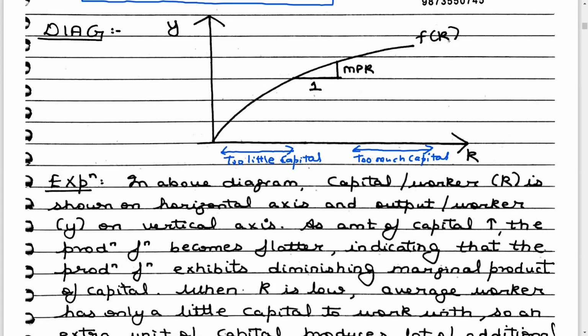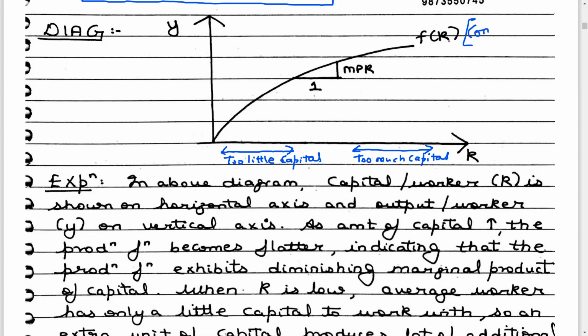It leads to mismanagement. As a result, diminishing marginal productivity of capital sets in, which causes the output to increase but at a decreasing rate. That is why you can see the production function is concave. So I hope students have understood this.